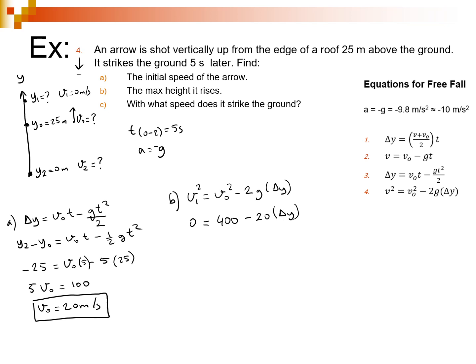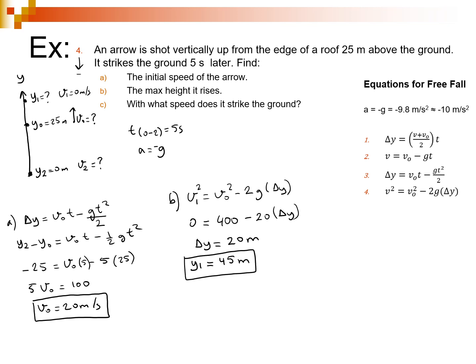So if we rearrange, delta y becomes 20. Well, if you want to find y1, you have to solve for it. So y1 then becomes 45 meters. So it is going to rise 20 meters higher, for a final position of 45 meters.